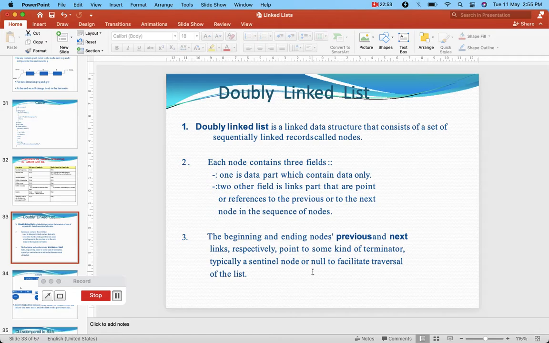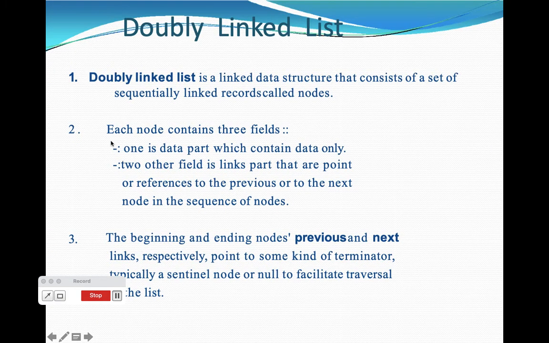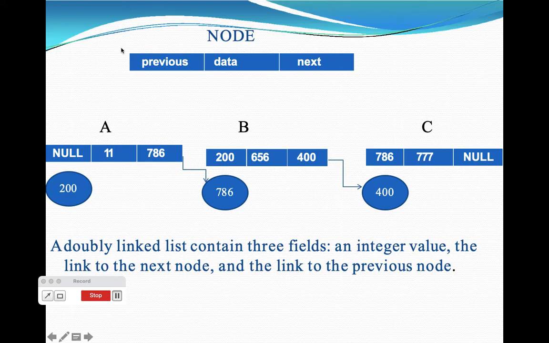Now the double linked list. Right. So here double linked list means, here we have three fields: previous, data, and next.